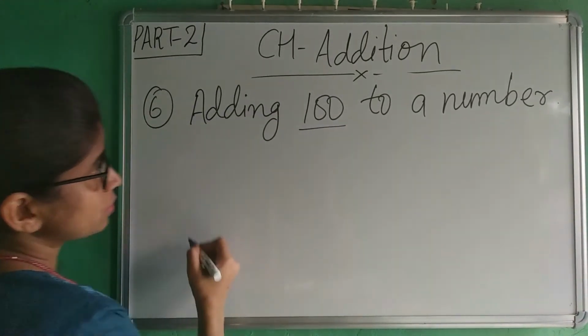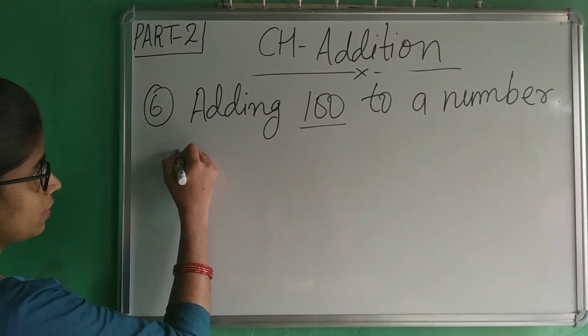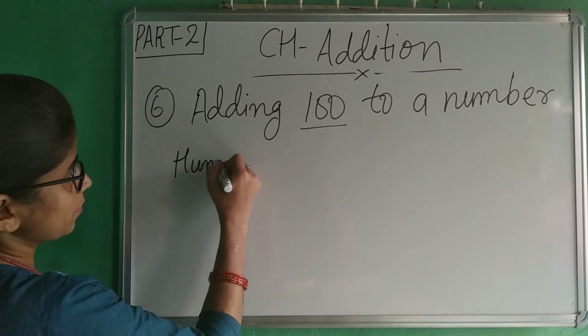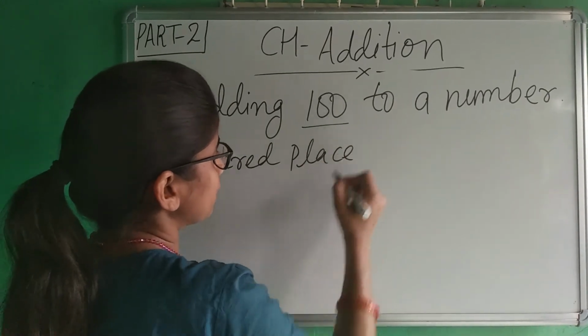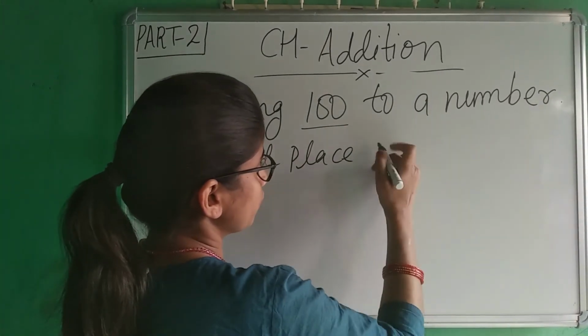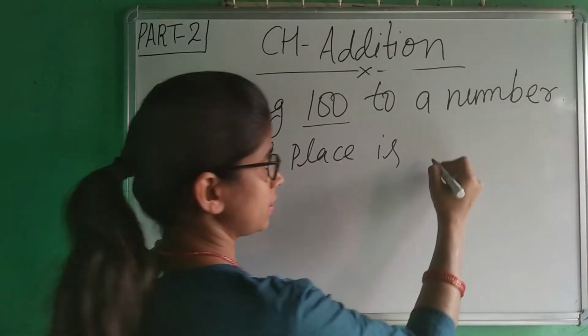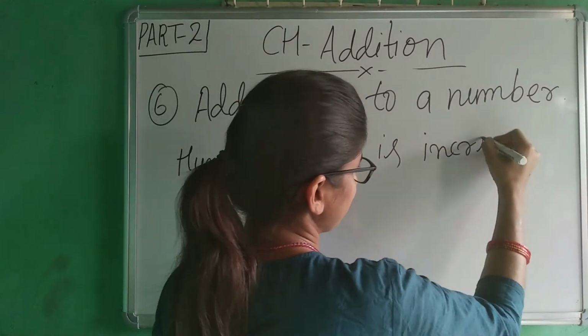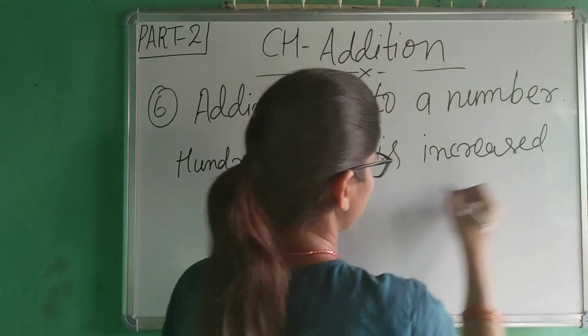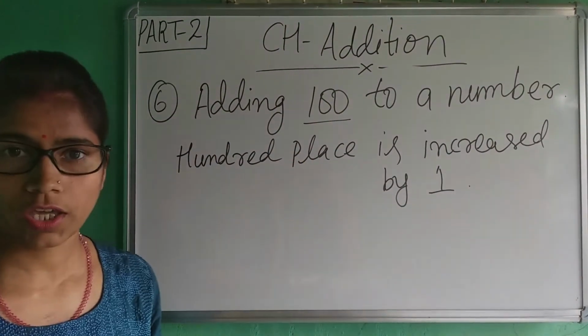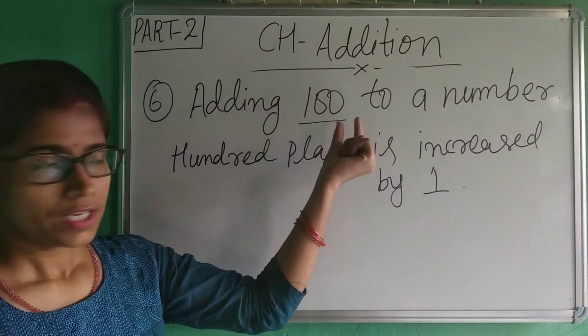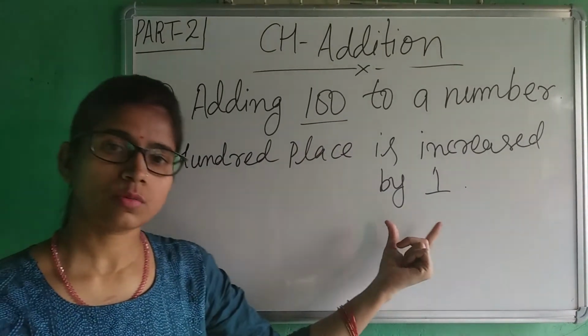For this rule, the hundreds place and above will increase by 1. Okay? We are talking about 100. So, the hundreds place will increase by 1.